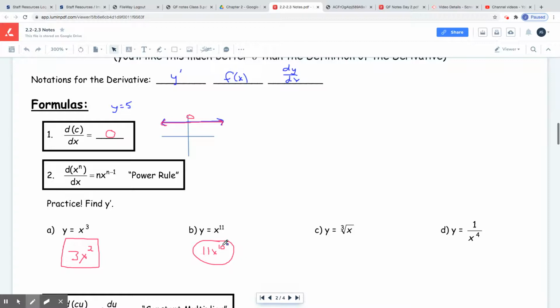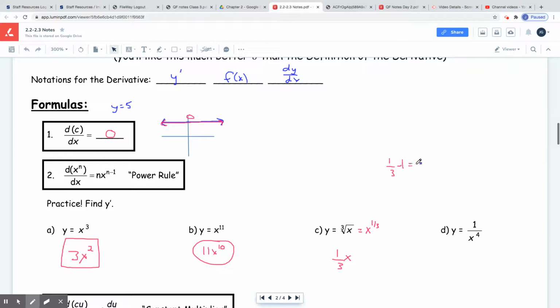Now, when we go to something like C, where you have a radical, you're wondering, where's my exponent? Well, I can rewrite the cube root of x as x to the 1/3. Same thing: move the exponent out front, keep the x, and take 1 away from the exponent. What's 1/3 minus 1?